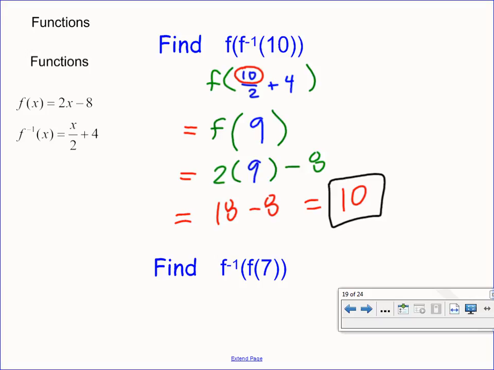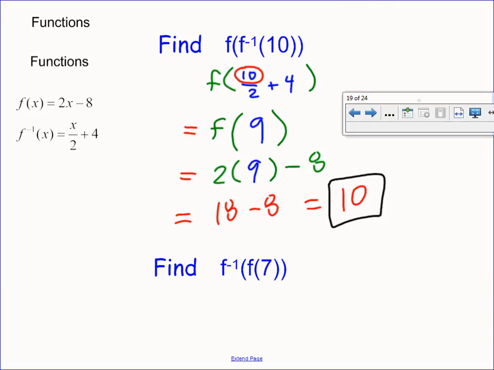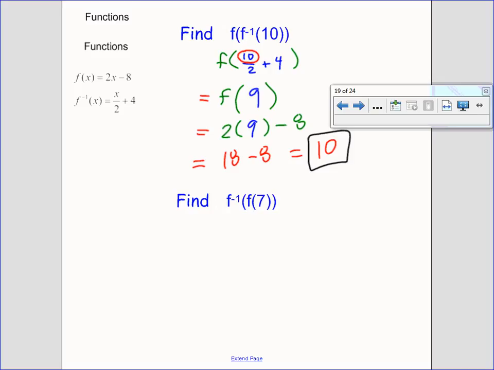Now, let's do f inverse of f of 7. So let's go ahead and do f inverse of f of 7. f of 7 would be go to f's rule and replace my input with 7.